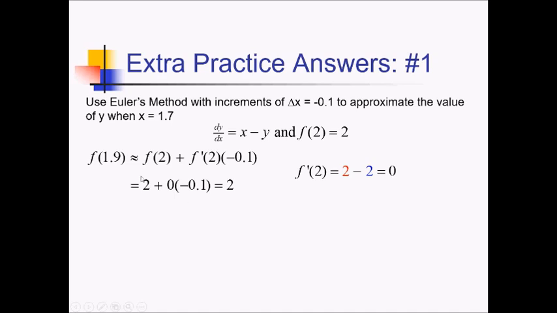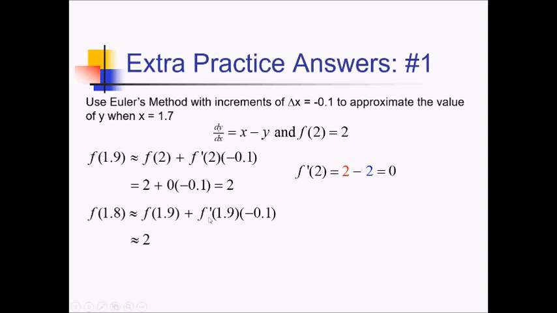Okay, now we have to approximate f of 1.8. So that's going to be approximately equal to f of 1.9, which we just came up with a value for. It was 2, plus f prime of 1.9 times our step size of negative 0.1. So for f of 1.9, we're using that 2 that we just found.